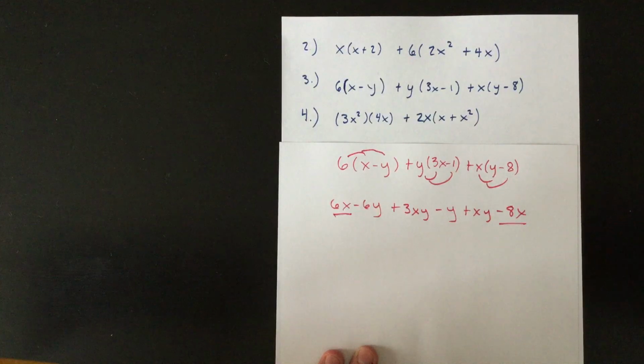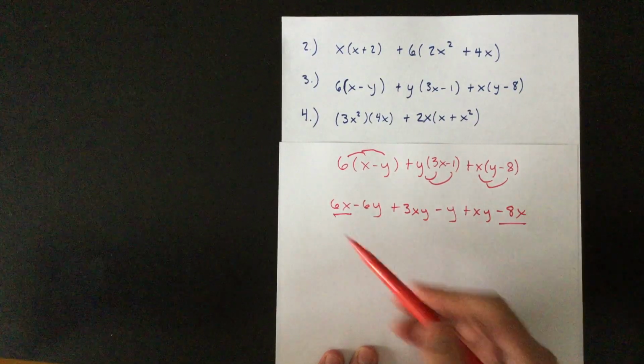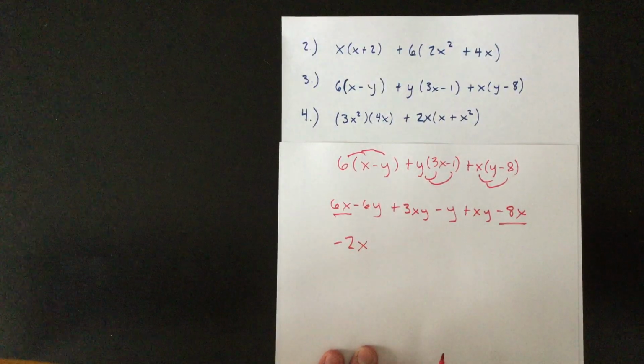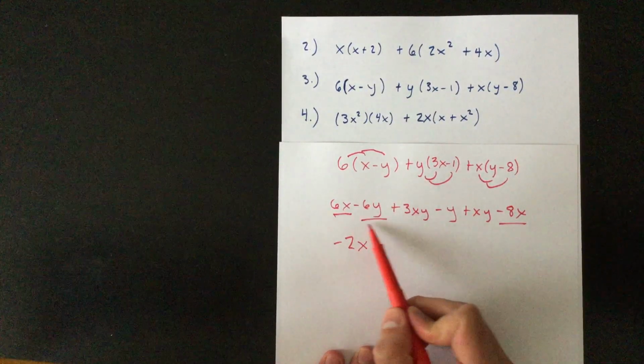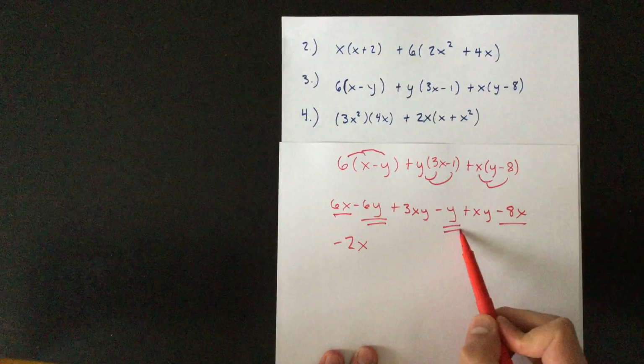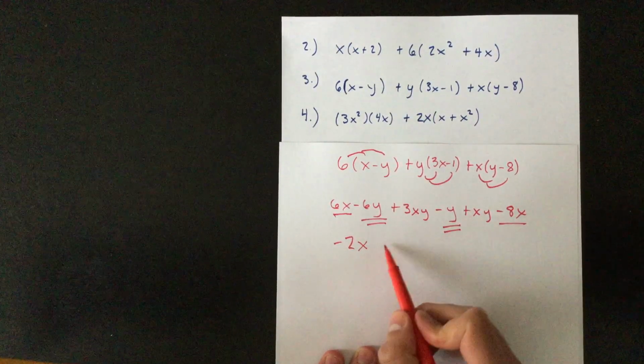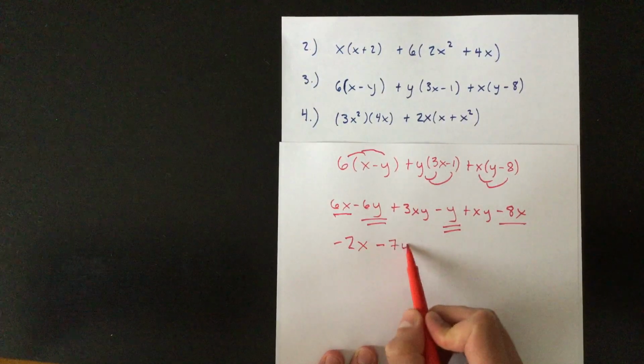So 6x minus 8x is negative 2x. Very good. And then here, next pair. Negative 6y minus another y is negative 7y.